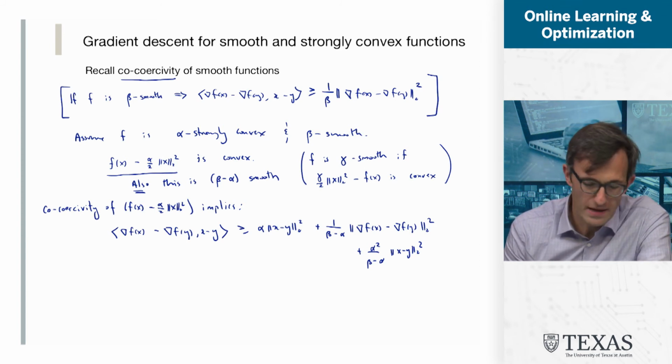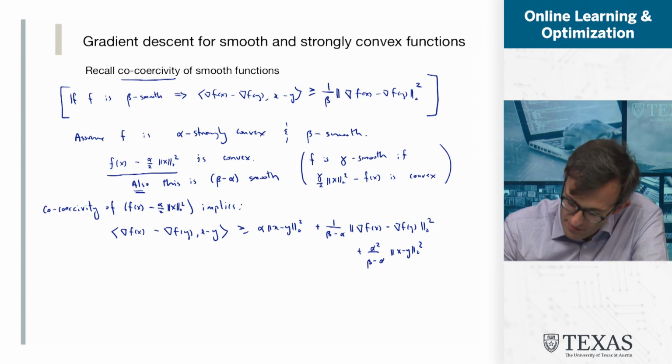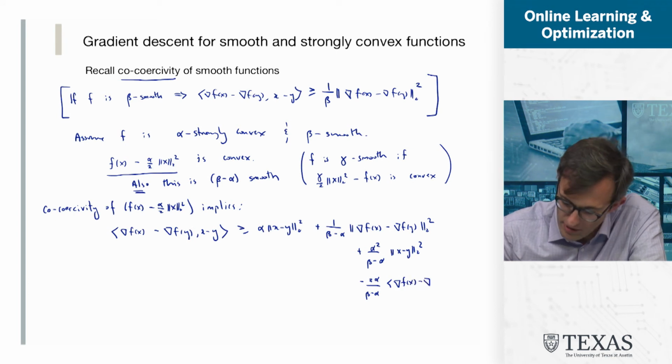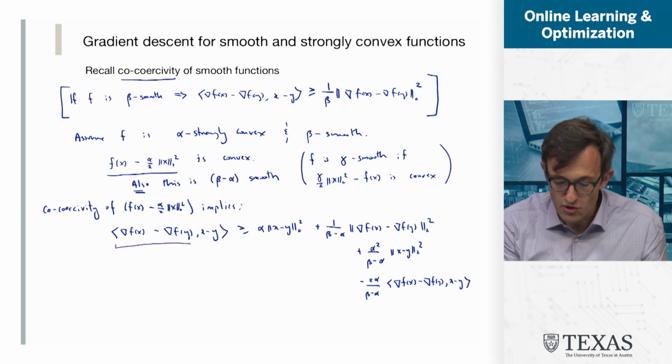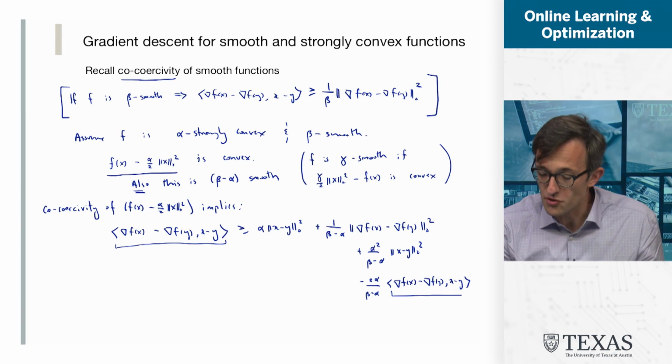And now I have one more term here, minus 2 alpha over beta minus alpha times the gradient of f of x minus gradient of f of y times x minus y. And now I notice that I have this term on the left. I also have this term on the right.